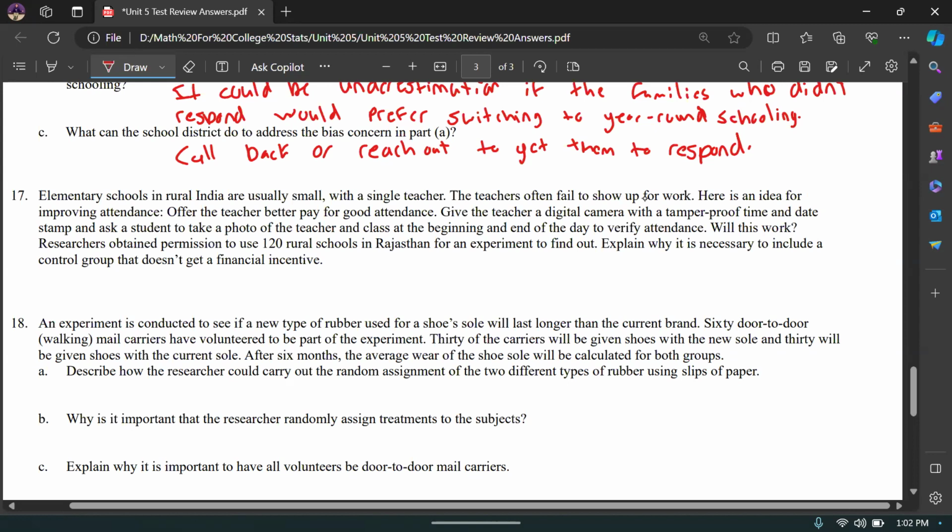All right, so all that just to say why we need a control group. A control group is needed to provide a baseline to see if increasing pay will increase attendance.